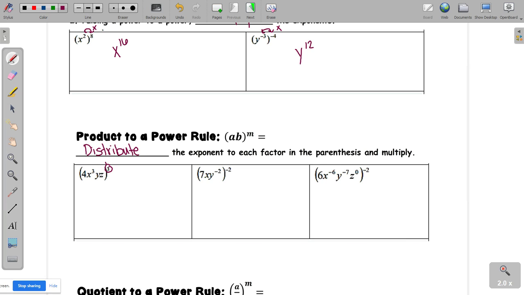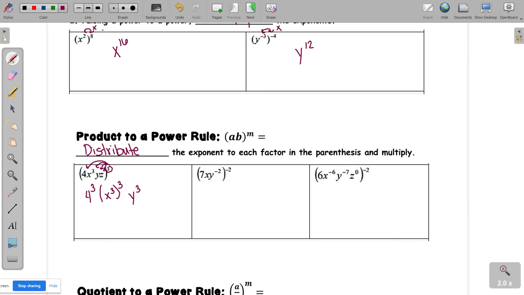So this 3 is distributed to the 4. So we get 4 to the third. The 3 gets distributed to the x to the third. So when we rewrite it, we have x to the third raised to the third. Then the exponent goes to the y, so we get y to the third.